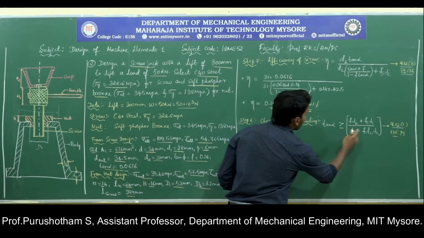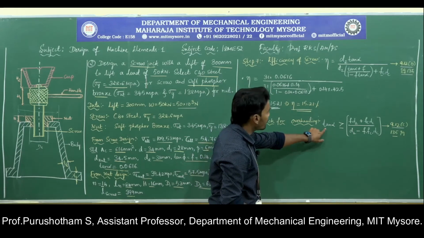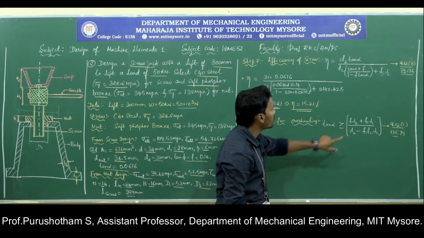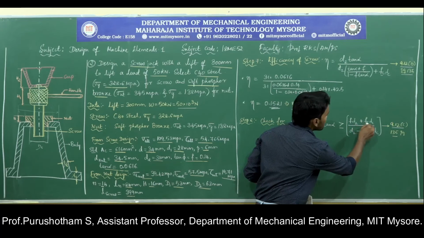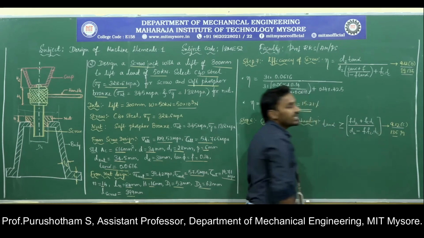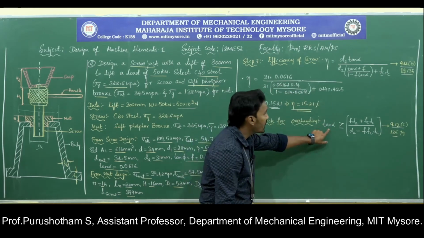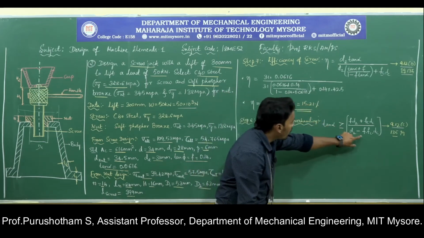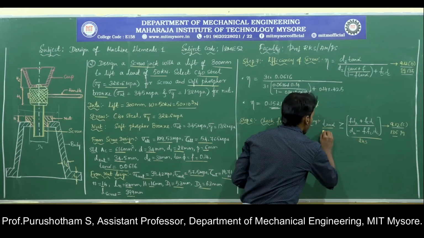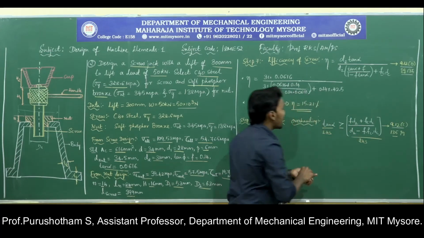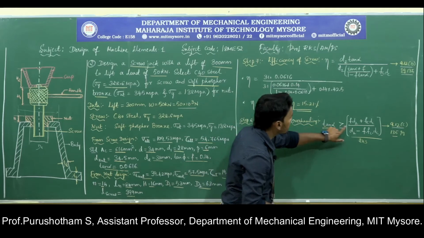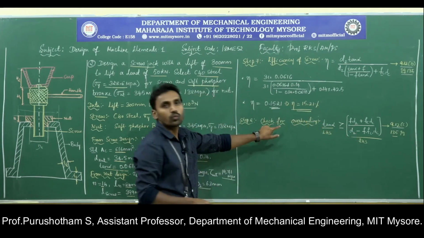Now I am going to divide it into LHS and RHS. That is tan alpha, which is greater than or equal to f d2 plus f_c d_c divided by d2 minus f f_c d_c. When the LHS is equal to the RHS, or when the LHS is greater than the RHS, the screw overhauls.